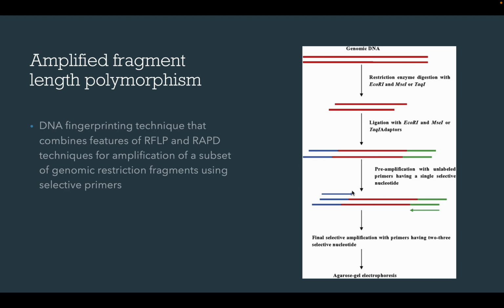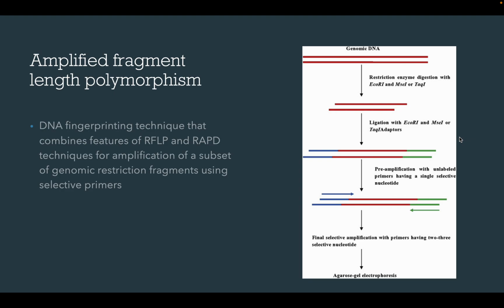From my left hand side, we are taking only one specific nucleotide here. So this is the amplification with unlabeled primers, and then we go ahead and do another amplification, but this time we can take more than one. Either we can take 2 or 3 selective nucleotides, and then we do the amplification.